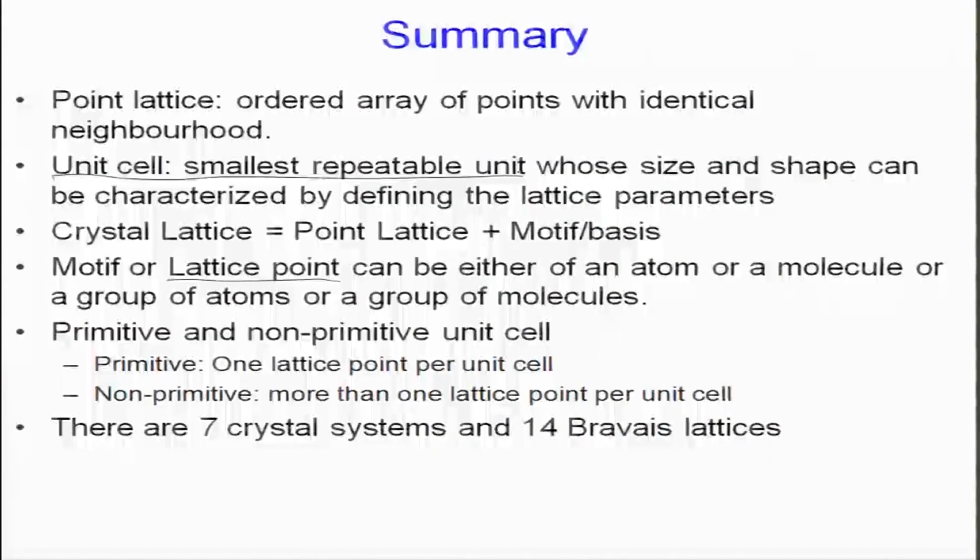Instead of having trouble finding among these infinite possibilities, let us define certain criteria, and that criteria, as we will see, is based on symmetry. It is not an arbitrary criteria. Based on considerations that we will see later on, there are 7 crystal systems, and based on those 7 crystal systems, considering primitive and non-primitive and symmetry considerations, there are 14 Bravais lattices.